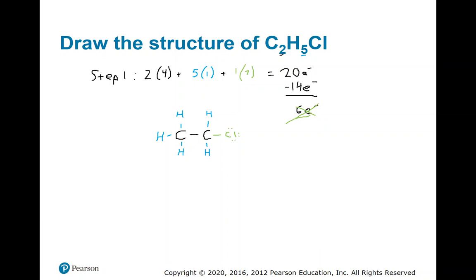And then step 5 asks us to examine the central atom, or atoms, which would be the carbon atoms, and to determine if they have complete octets. Each of these carbons is surrounded by 4 bonding pairs of electrons. In the case of the carbon on the left, that is 3 carbon-hydrogen bonds and 1 carbon-carbon bond.